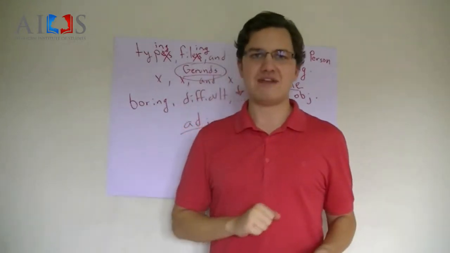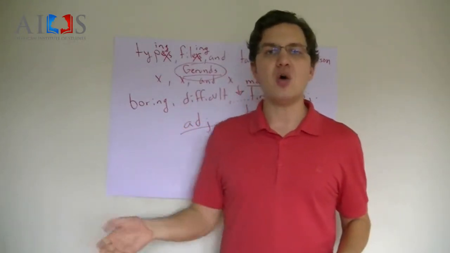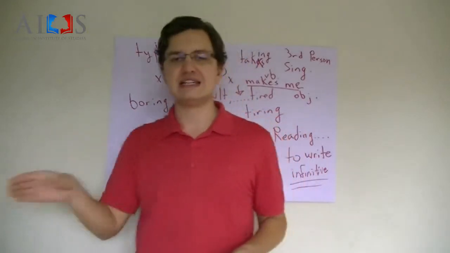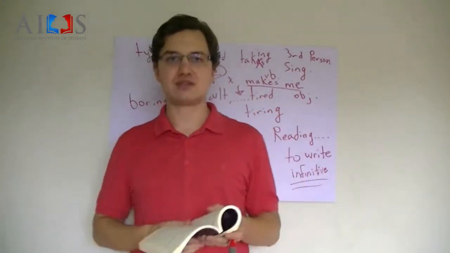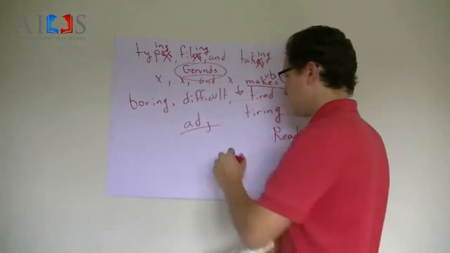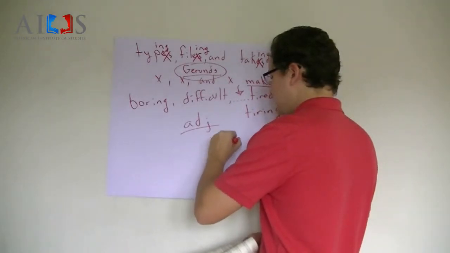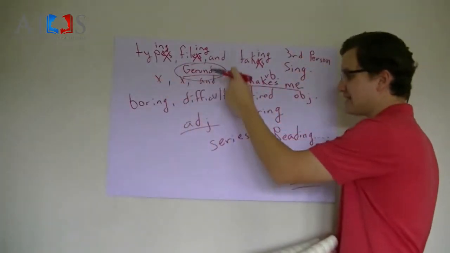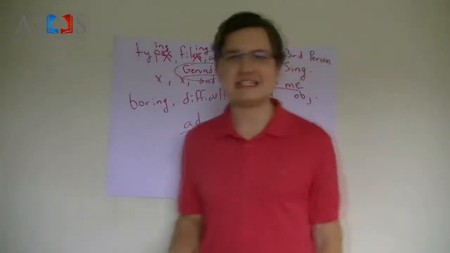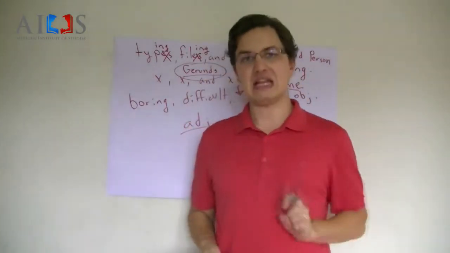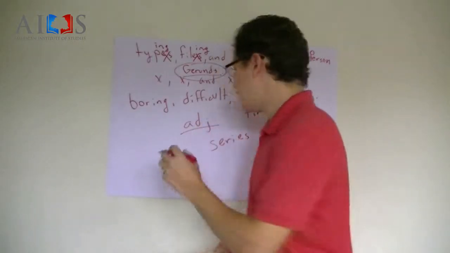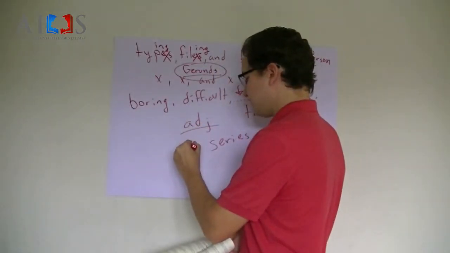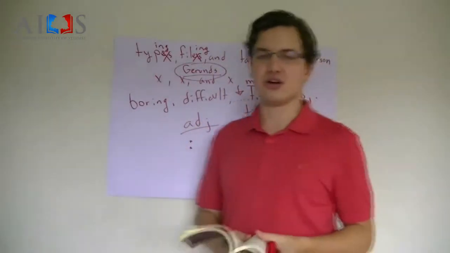Now, many people have asked me, how do I know which parts of the sentence need to match? That's a good question. If you have a series like this, X, X, and X, you almost always need parallelism. Particularly if, say, after a colon. We'll look at colons later.